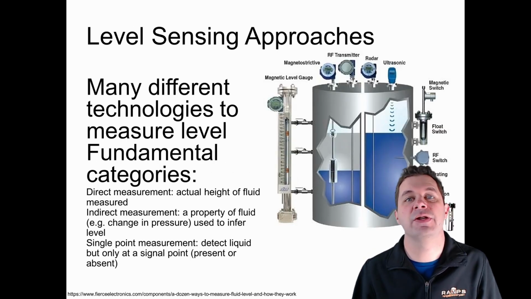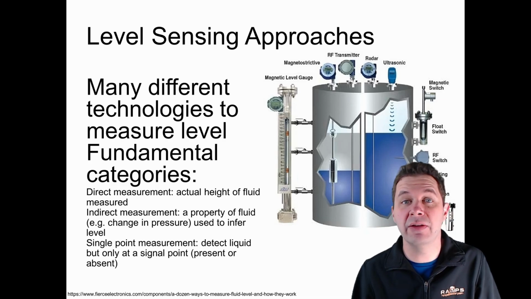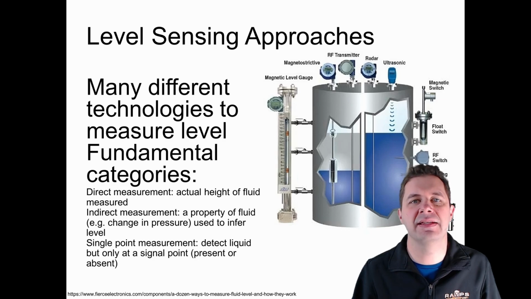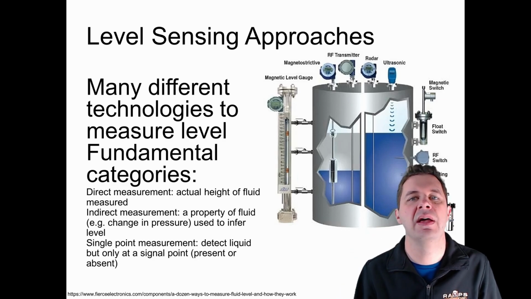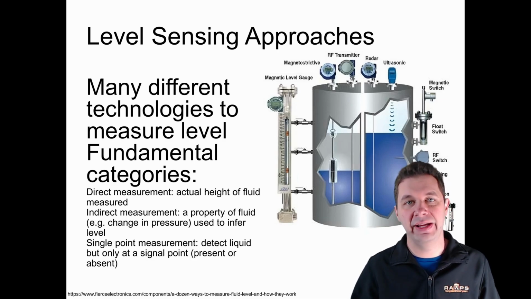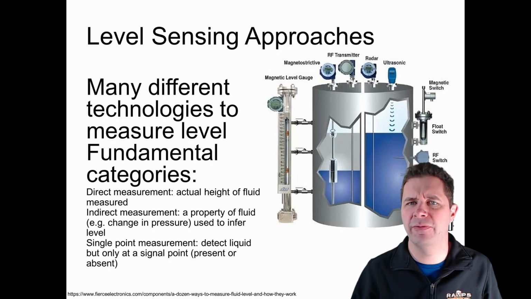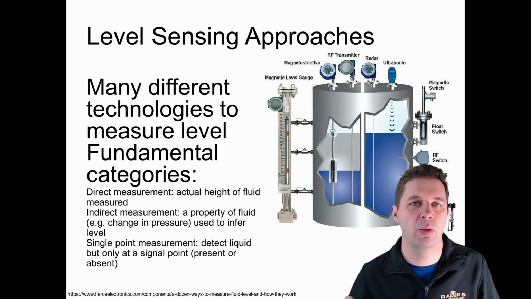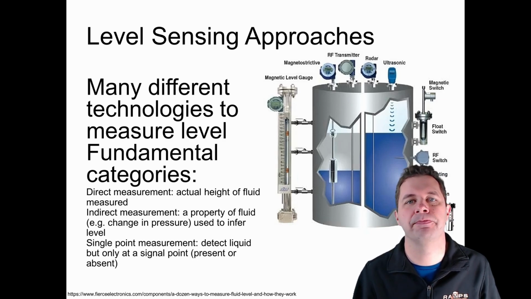Now, there's lots of different types of level sensors, and we'll look at a few of these different types, but we can classify these as direct level sensors, where we're directly measuring the level, indirect level sensors, where we're inferring the level based on something else. We won't focus on these as much, but in pressurized vessels, you could use a pressure sensor, for example, to look at the relative pressure between the various things like water and air within our system.